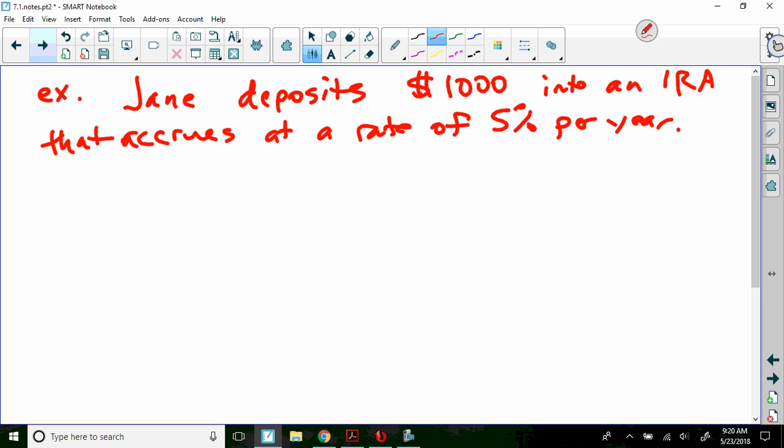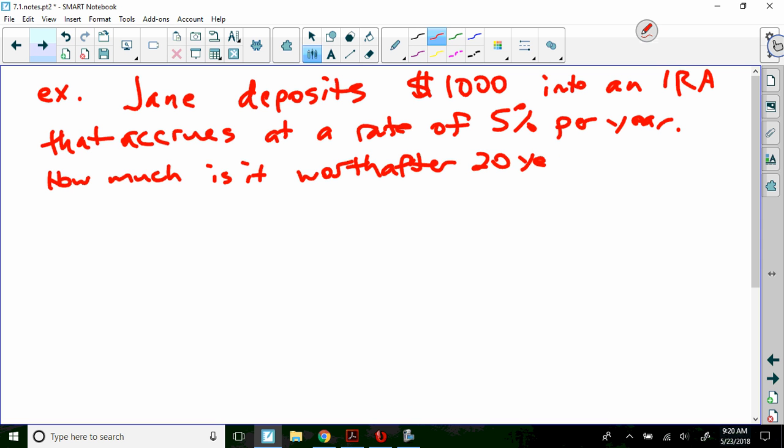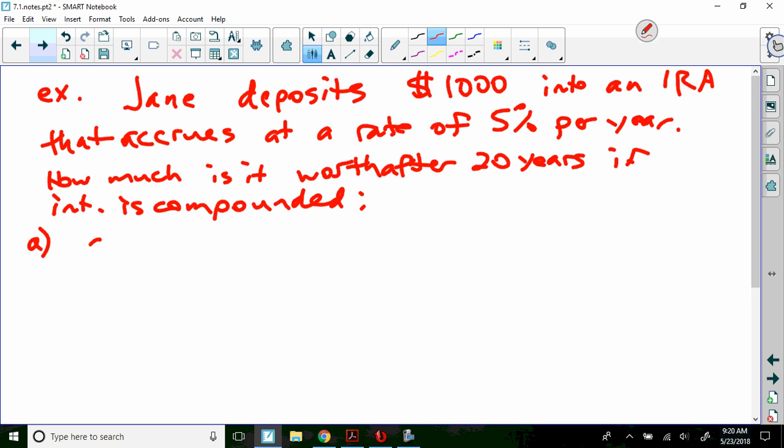How much will it be worth after 20 years if interest is compounded in the following ways? Part A, annually. Part B, monthly. Part C, daily.